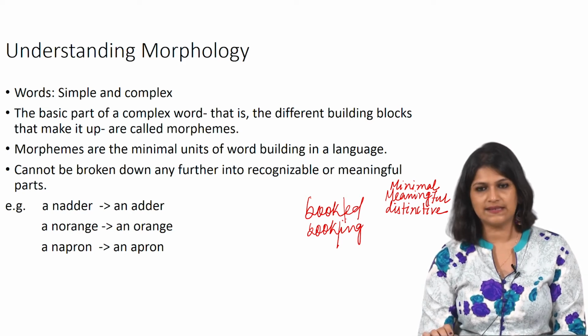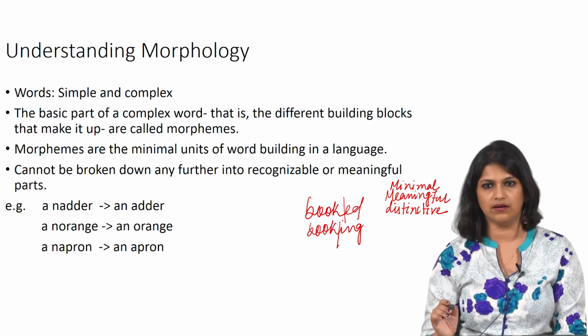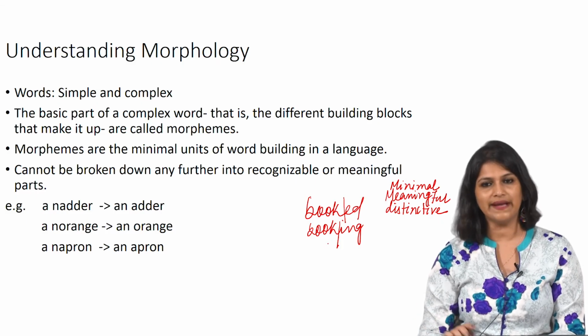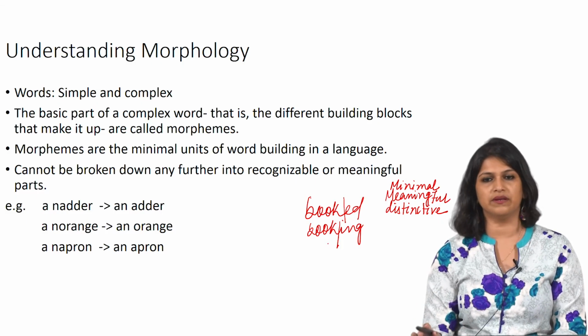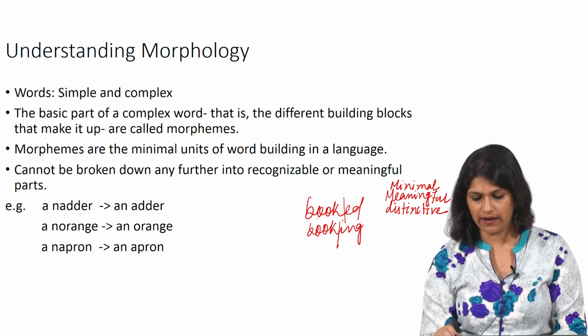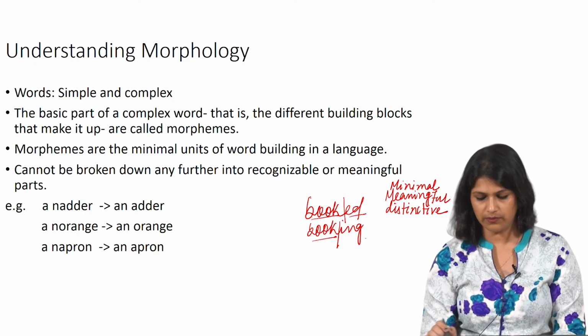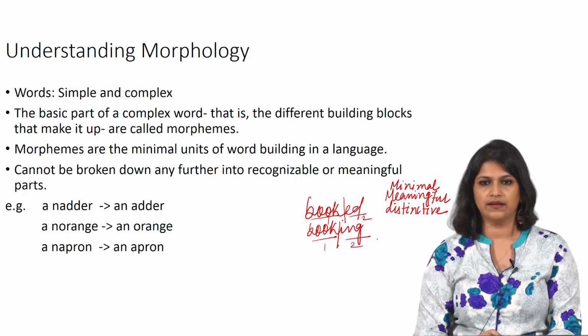Booked as a whole is not the minimal unit, it can be broken further. Booking as a word is also not a minimal unit. So now we have one morpheme here, one here, one here, one here. So this is 1, 2, 1, 2, right.